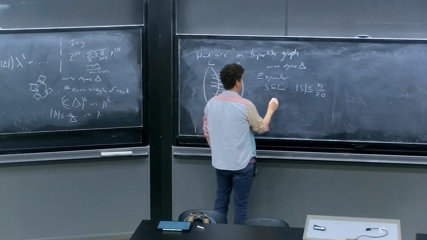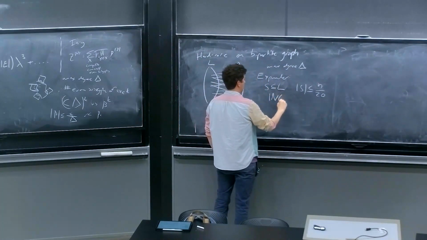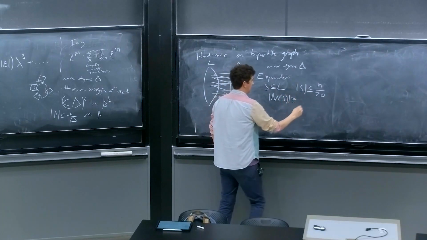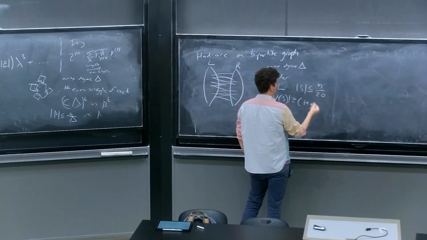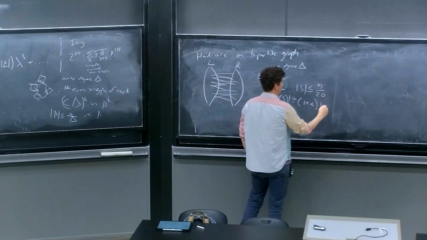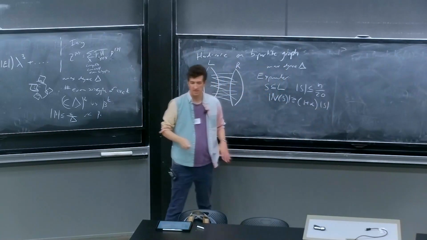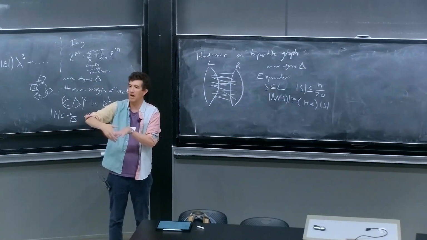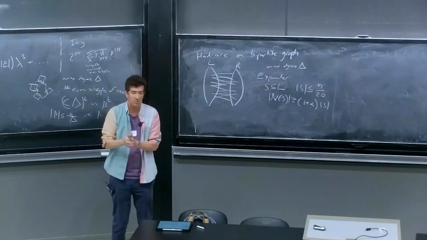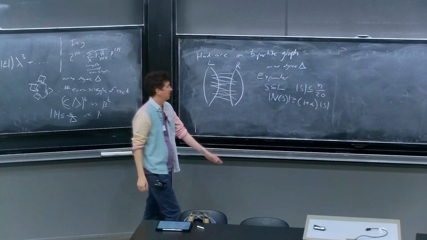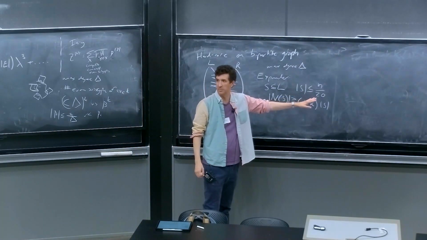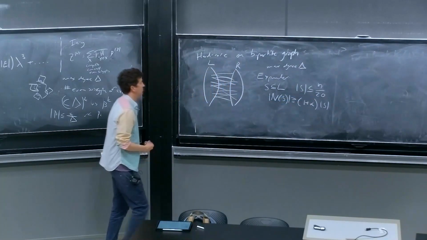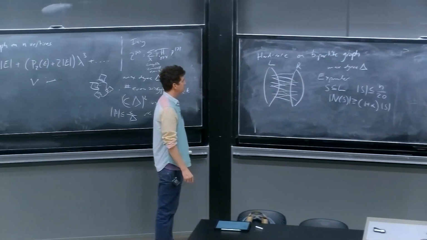And we're going to assume that the size of the neighborhood of S is at least 1 plus alpha, where alpha is something positive, times the size of S. So you don't just get your own self as your neighborhood. If you were a regular graph, you would always get at least your size, but we're saying you get a little bit more as long as the size of your set is not too big. So this is some bipartite notion of expander.